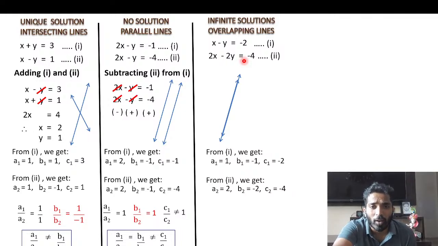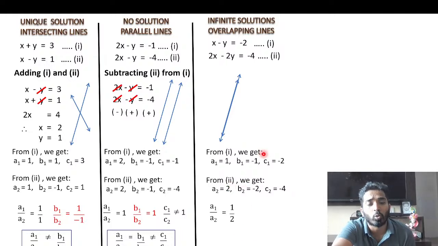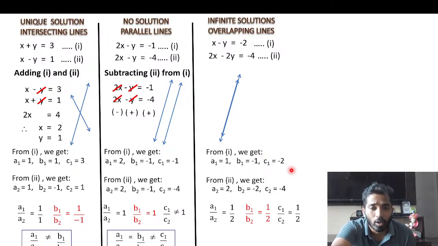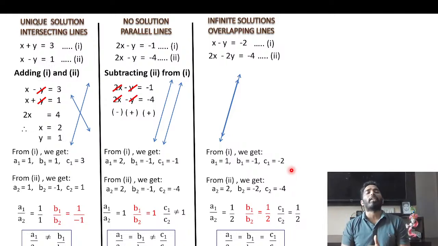Now, let us find the ratios. A1 upon A2 is 1 upon 2. B1 upon B2 is minus 1 upon minus 2, that will be 1 upon 2. C1 upon C2 is minus 2 upon minus 4, that will be 1 upon 2. So we can say A1 upon A2 is equal to B1 upon B2 is equal to C1 upon C2. So whenever all three ratios are equal, the lines have infinite solutions, or are overlapping lines.